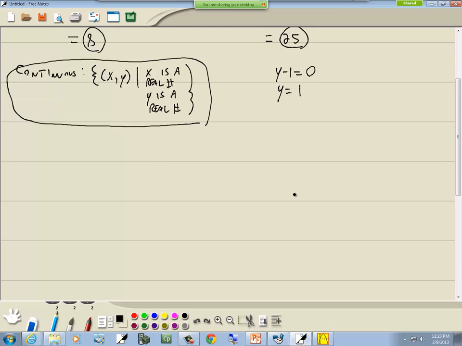So for our continuity, it's continuous at all x, y values such that y is not equal to 1. Now, you can also put, if you want, x is any real number. Or some books may just assume that, and just put y cannot equal 1.